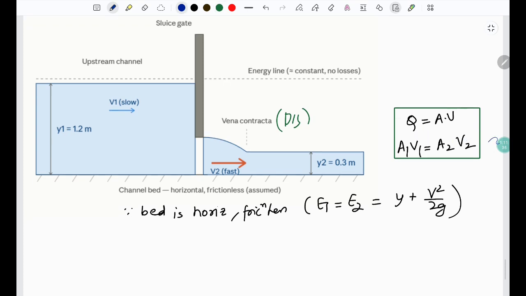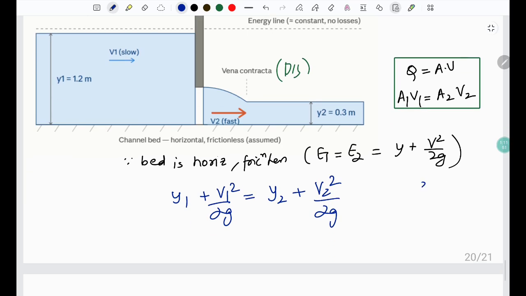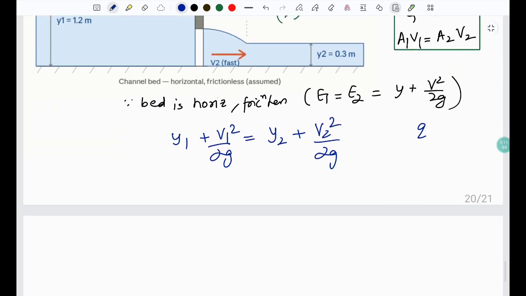First one is A1 V1 equals A2 V2, and the other one will be E1 equals E2, that is Y1 plus V1 square by 2G equals Y2 plus V2 square by 2G. And since we have to find out discharge, so what we will do is we will substitute.